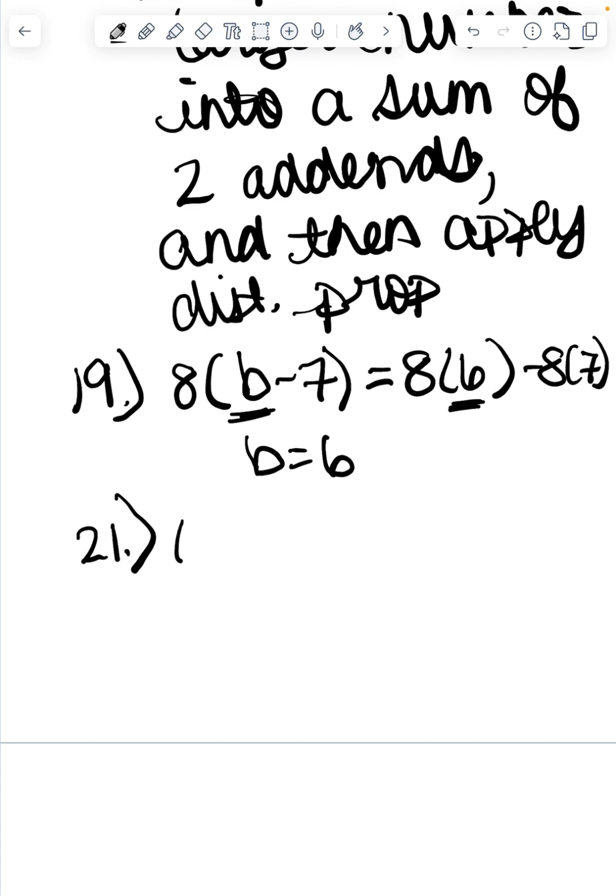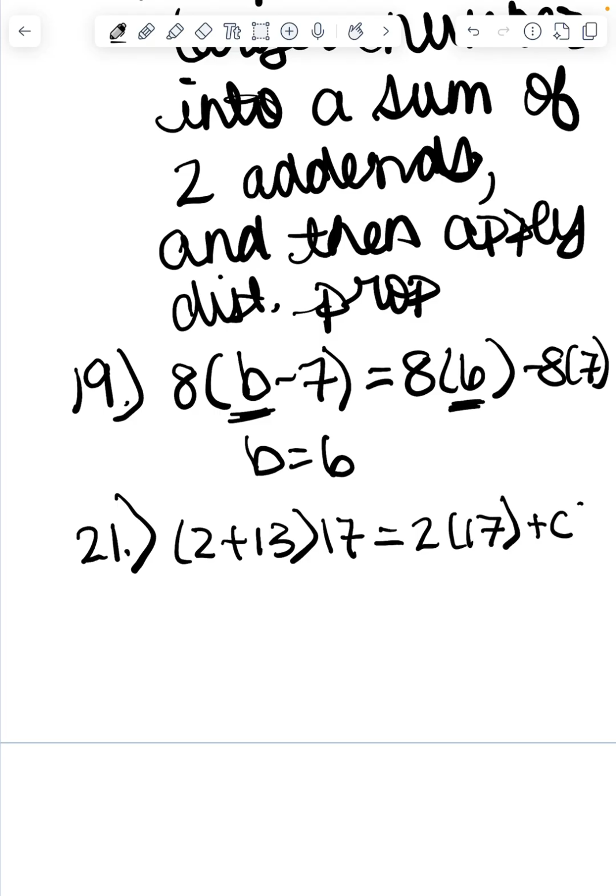21. The quantity 2 plus 13 times 17 equals 2 times 17 plus c times 17. C equals 13.